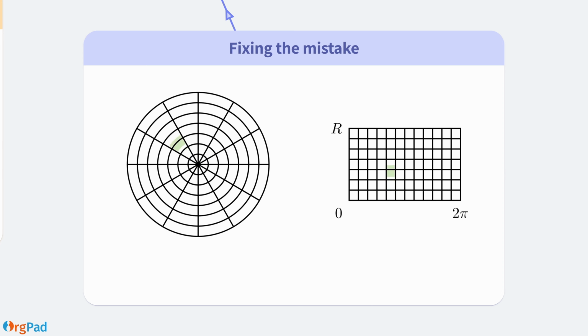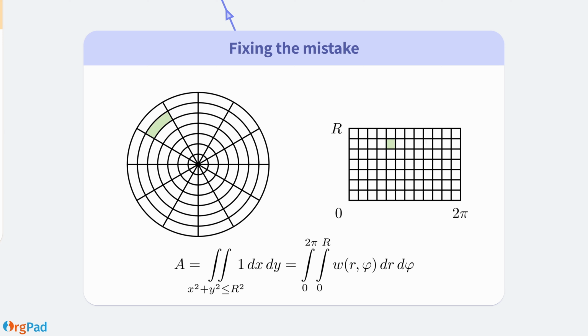If we move the piece up, the corresponding sector moves away from the center and becomes bigger. To correctly compute the area of the circle, each sector cannot contribute equally to the resulting integral sum over the rectangle. Instead, their contributions have to be scaled by some weight W(r, phi).